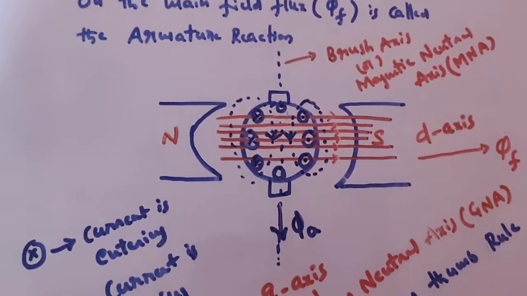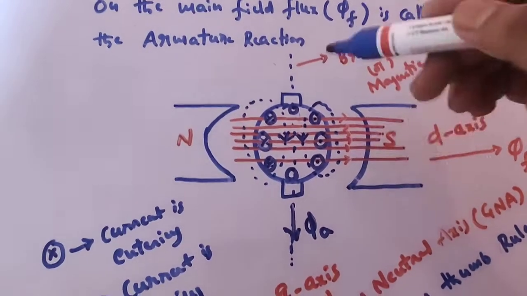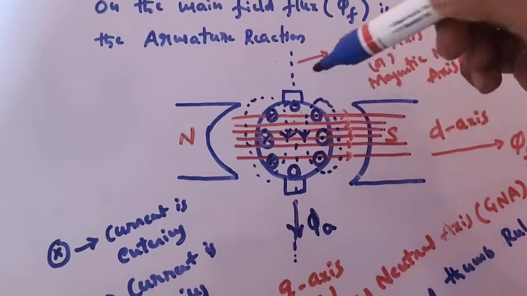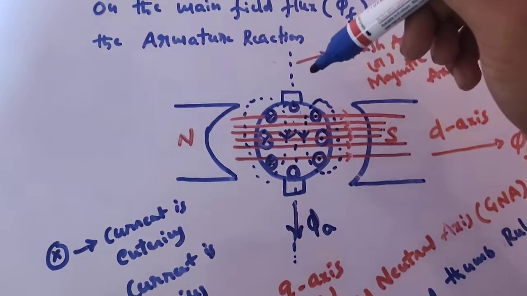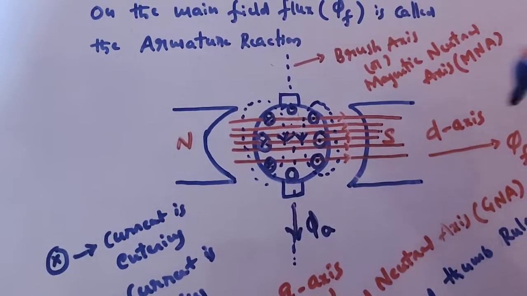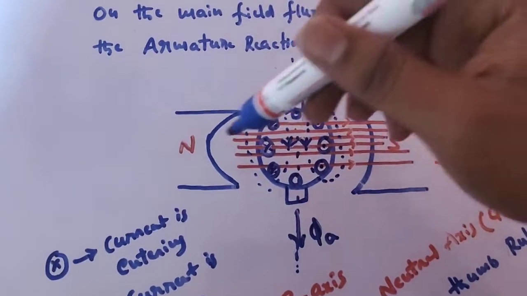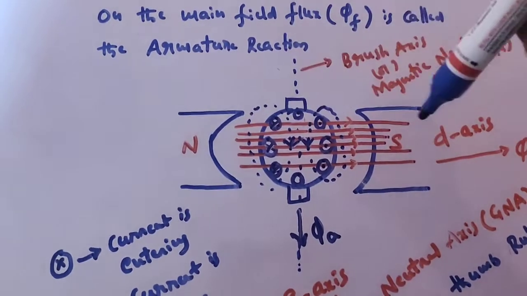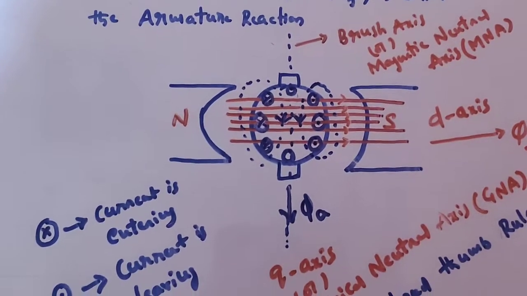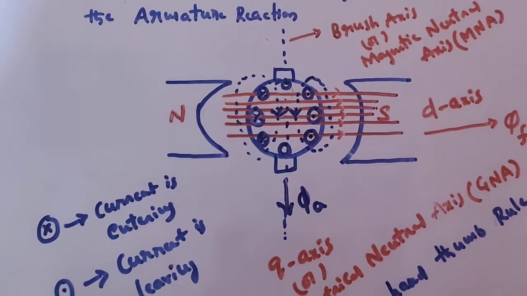So finally, there is a cross magnetization here. The reason is that it is moving perpendicular, crossing the main field flux. That's why the flux direction of the main field is going to change. How it changes, we will be discussing now.